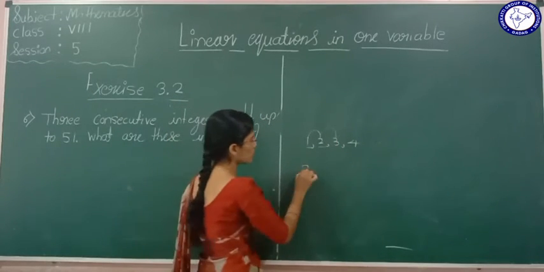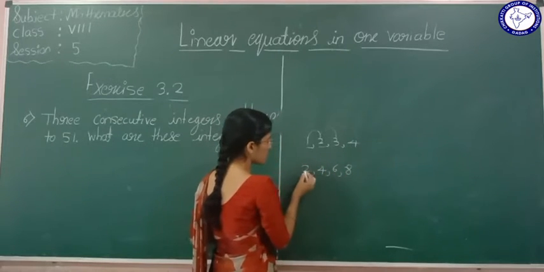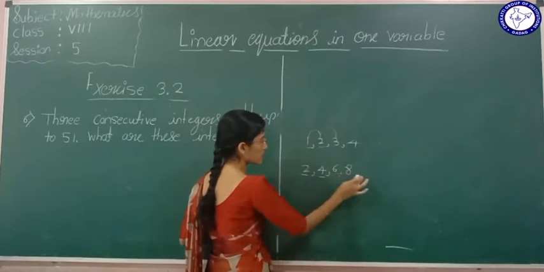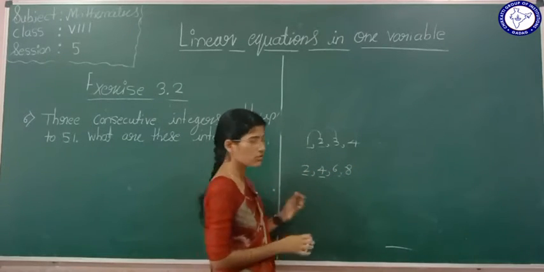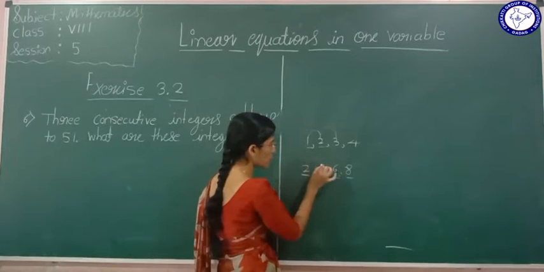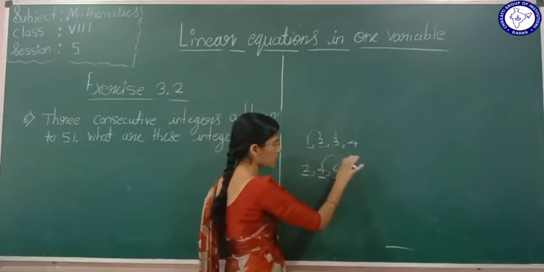See here, 2 4 6 8, these are 4 consecutive multiples of 2. Yes or no? After 2, 4 only will come, no? After 4, the multiple of 2 is 6 only. After 6, 8 only will come.